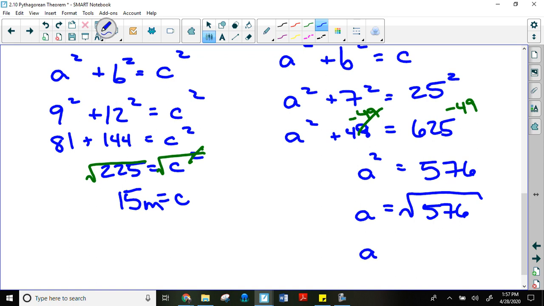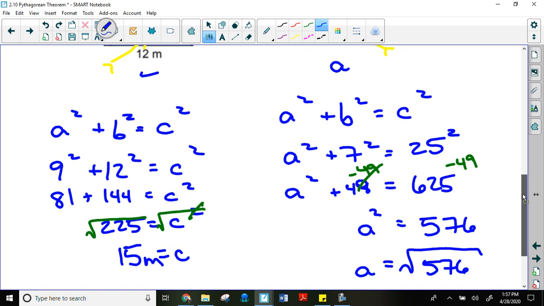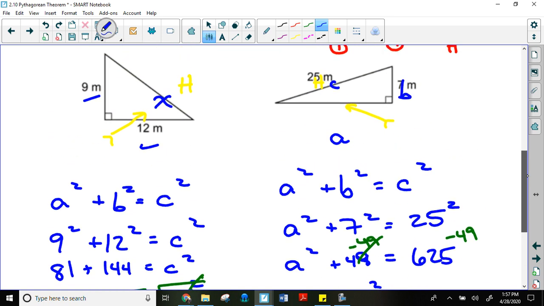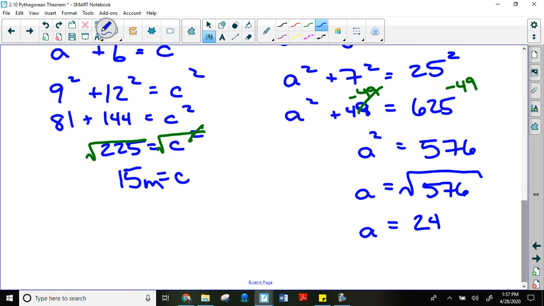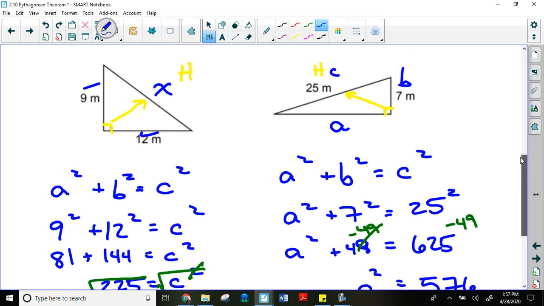It's 24. As you can tell, I struggle with my perfect squares above 15. Okay, this is also supposed to be meters. But first I'm going to hit undo. Now I'm going to put meters there and see if it moved it back.